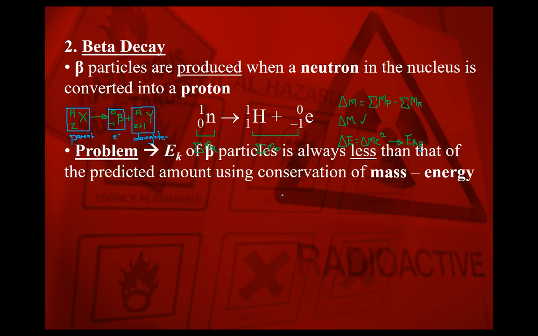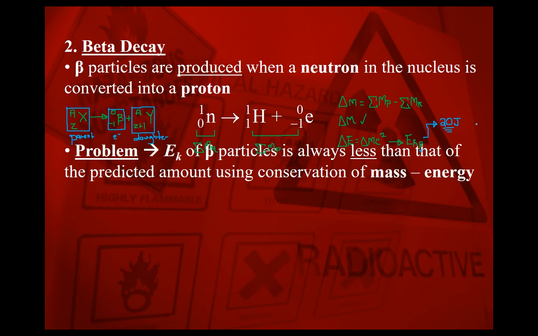Now, the problem is the kinetic energy of the beta particle is always less than the amount predicted using conservation of mass energy. Here's what I mean by this. Let's say we used conservation of mass energy and we made a prediction that the beta particle should be getting 20 joules of kinetic energy.